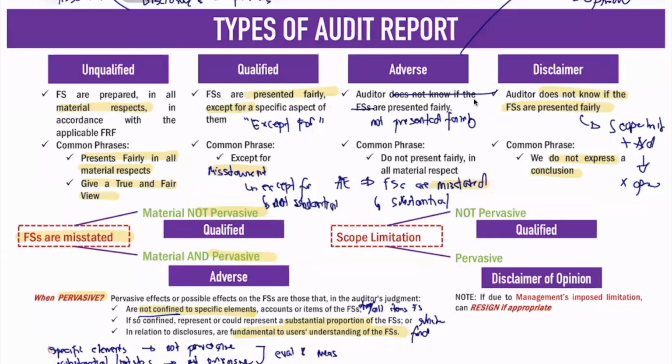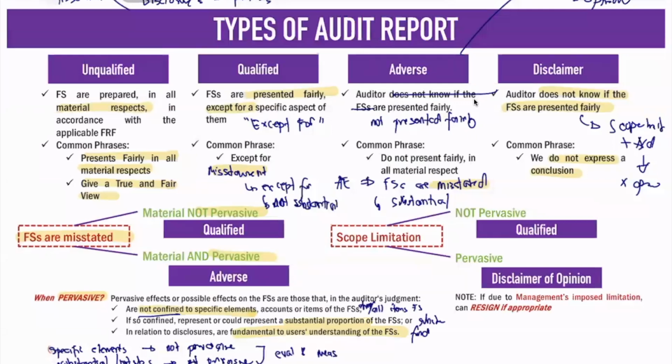But if it is pervasive, then make an adverse audit opinion. And in an adverse audit opinion, you say that the full FS does not present fairly in all material respects in accordance with the PFRSs. So that is what differentiates qualified and adverse as to your misstatement.